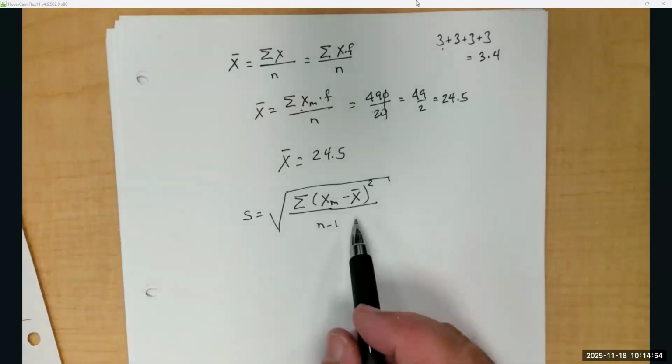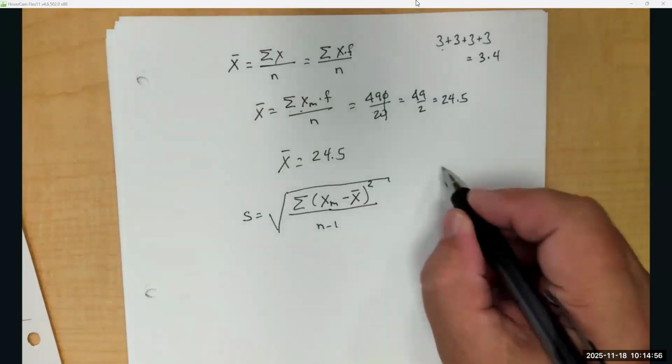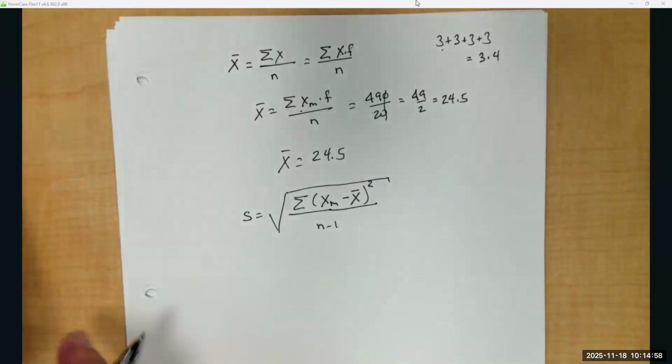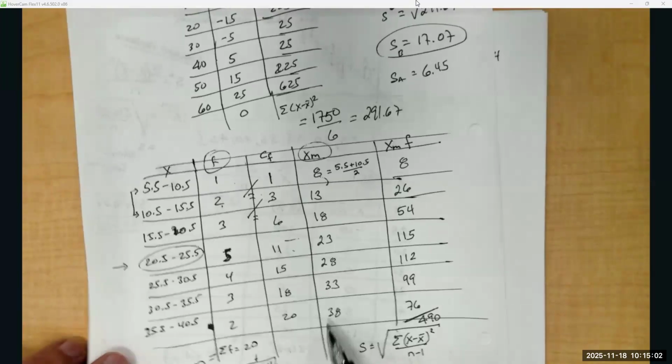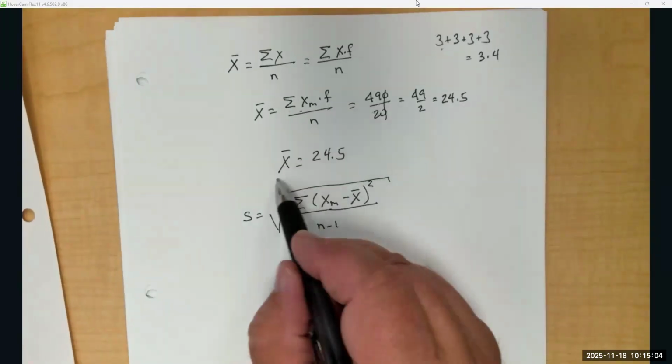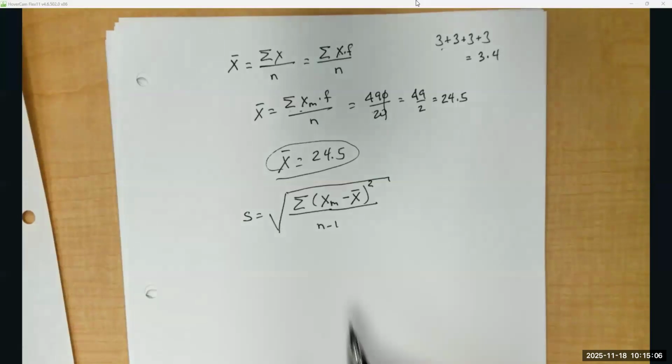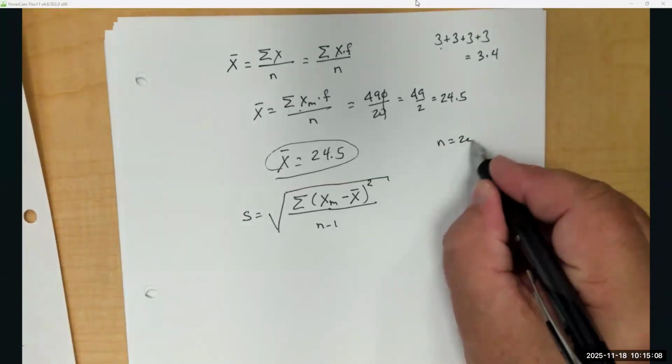So that's our formula. We have x sub m, which is right there in this column. We have x bar, that's what we just found here. N is 20.